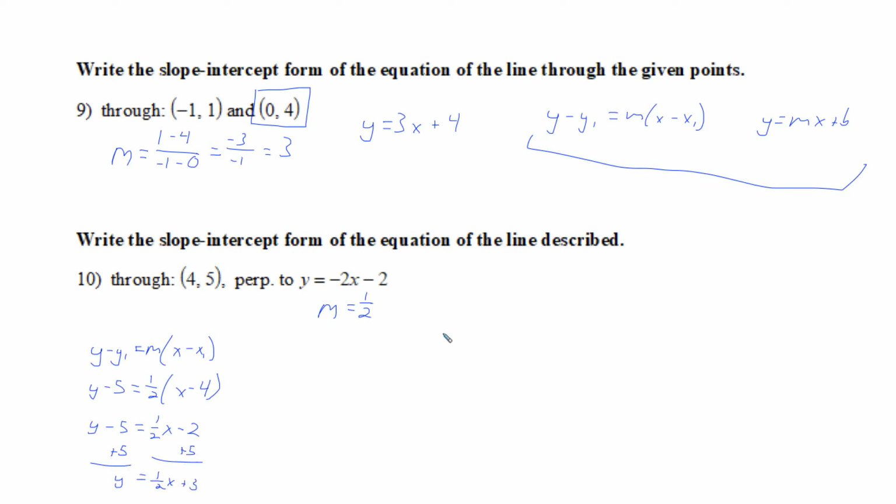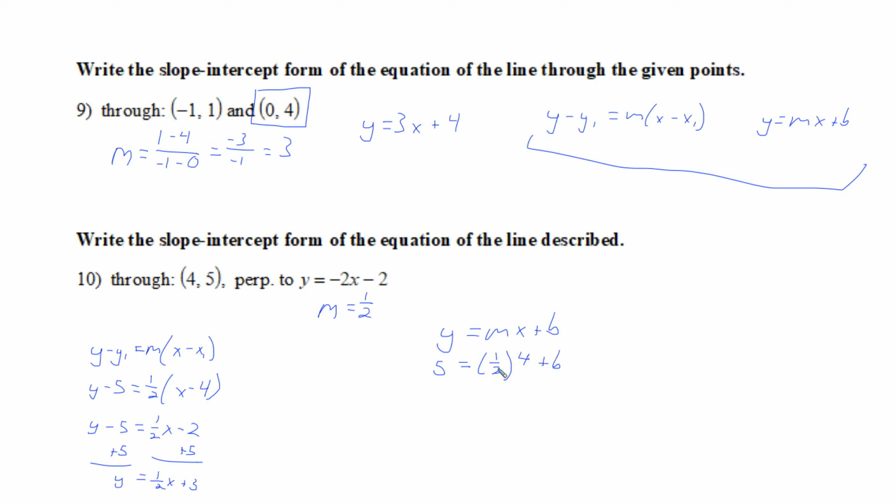So there's our answer, but I told you I would do both methods, so y equals mx plus b. And what we can do is put the 4 and 5 right in for the x and y. So x is 4, y is 5, and our slope is 1/2. And when we do it this way, we use this to find b.